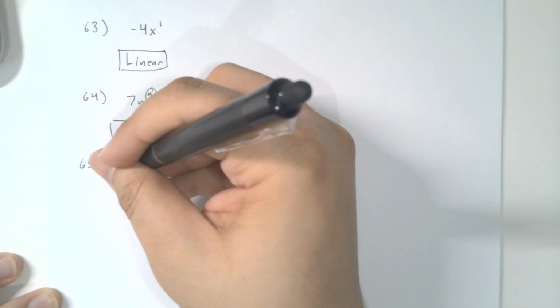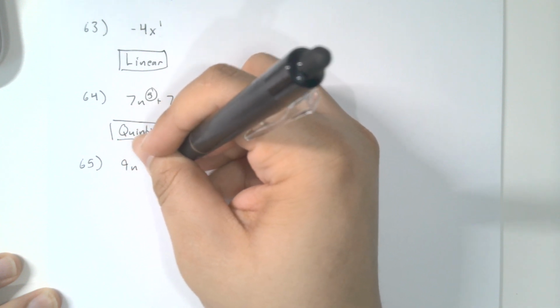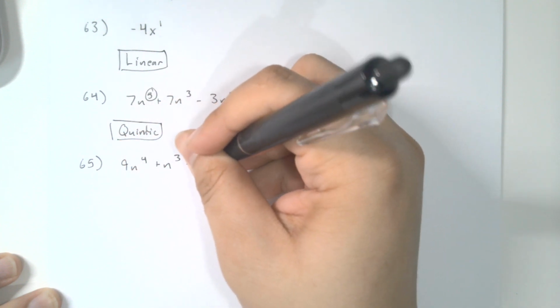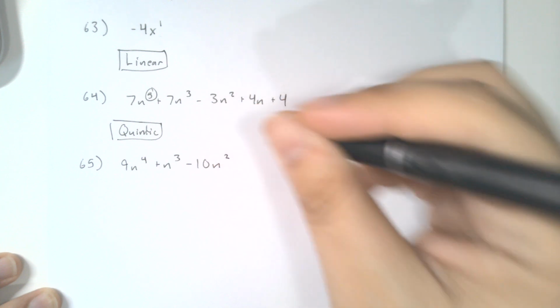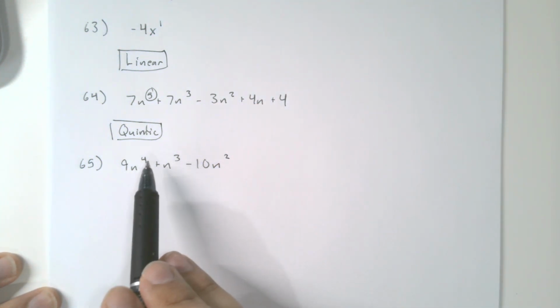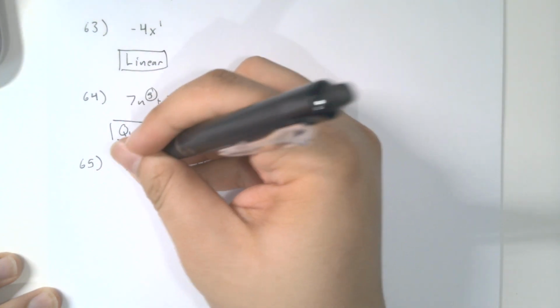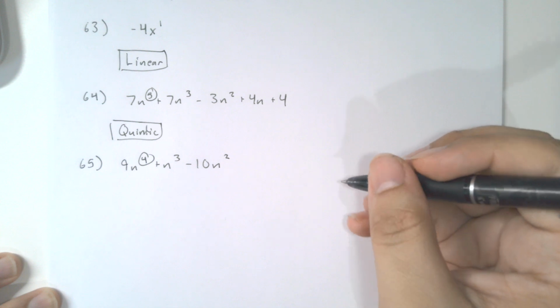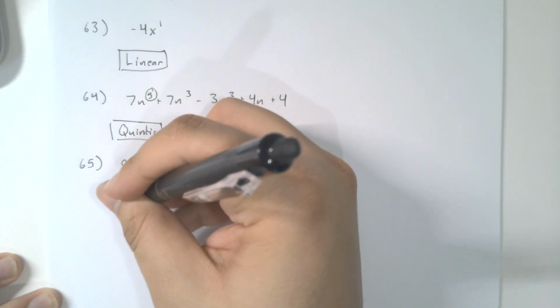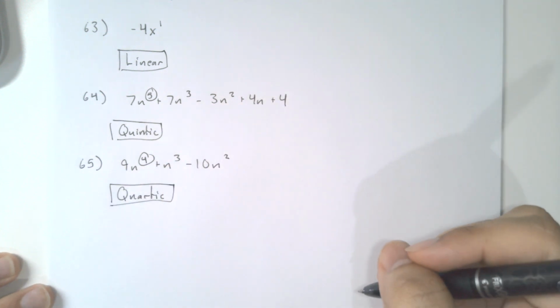For 65, we have 9n to the fourth plus n cubed minus 10n squared. Still in standard form, with powers 4, 3, and 2. The highest power of our variable n here is 4, so we call this a quartic polynomial.